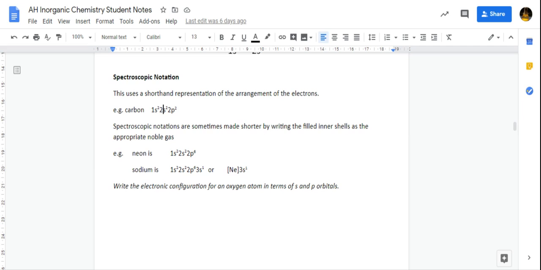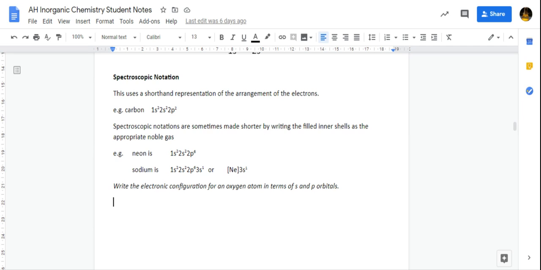So you have to write the electron configuration for an oxygen atom in terms of s and p orbitals. It will have 8 electrons. You can add up these prefixes, by the way, and it will tell you how many electrons there are. For example, here, neon has 2 plus 2 plus 6, 10 electrons. Sodium has 2 plus 6 plus 1, 11 electrons.